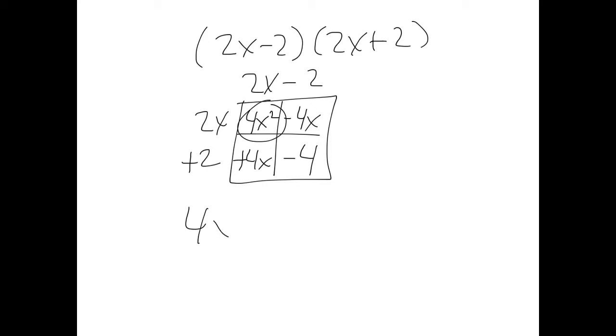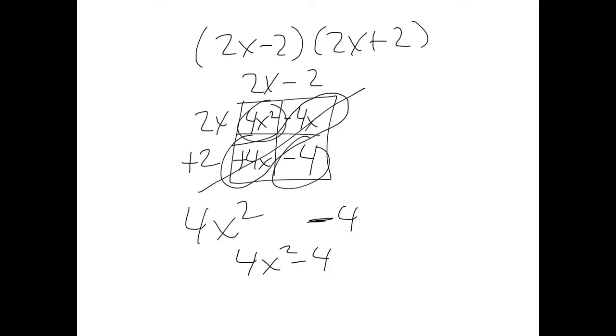Front part of the answer, back part of the answer. Combine these to make the middle. 4x minus 4x is nothing. That goes away. And so this just becomes 4x squared minus 4. So this is one of the only situations where you end up with a binomial, and it's because the middle term is really 0x. It goes away. Okay?